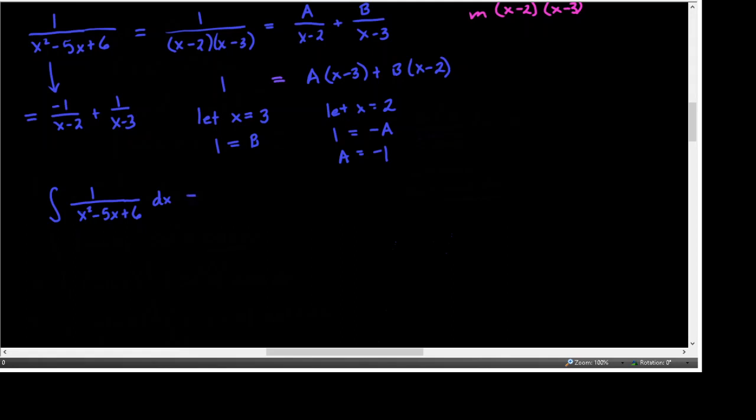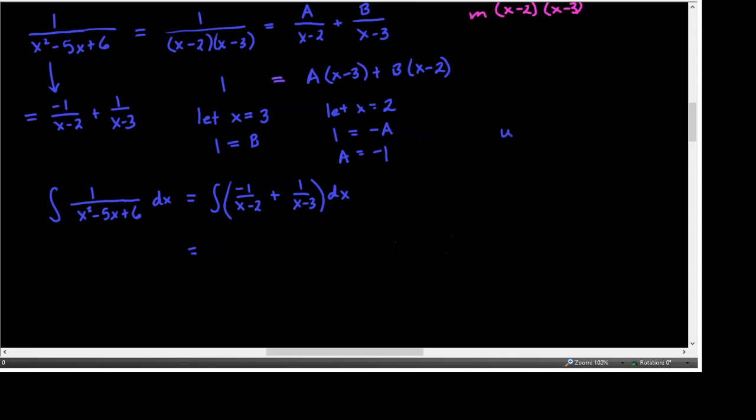But if we change this using the method of partial fractions into negative 1 over x minus 2 plus 1 over x minus 3 dx, then we should know how to do that antiderivative.